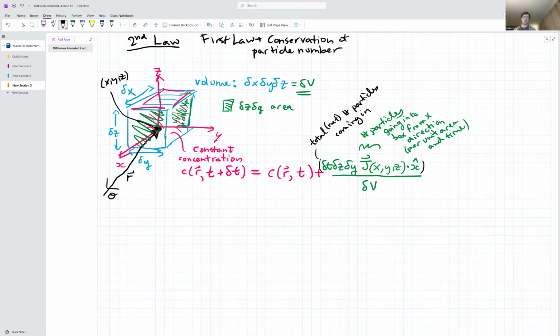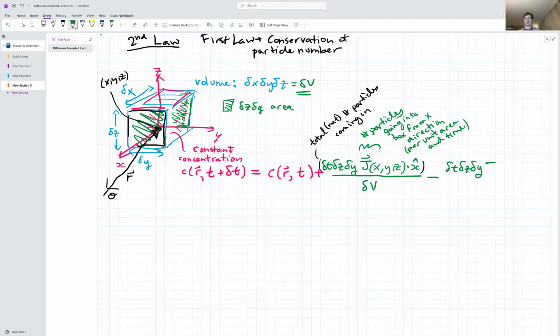Okay, now what about this front wall, the one out in front? If we're going along the positive x direction and the flux is positive, then those would be particles that come out. So the ones that are coming out must be subtracting from the concentration. And we still have delta t, delta z, delta y.